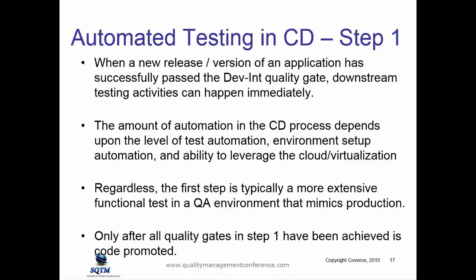As I mentioned, the amount of automation you can do during your continuous delivery process depends a lot on how much automation you can do for your testing, based on your environments: how much of the environment setup can be automated, and are there ways to leverage the cloud or virtualization to set up things that are outside of the physical space that you can operate within.